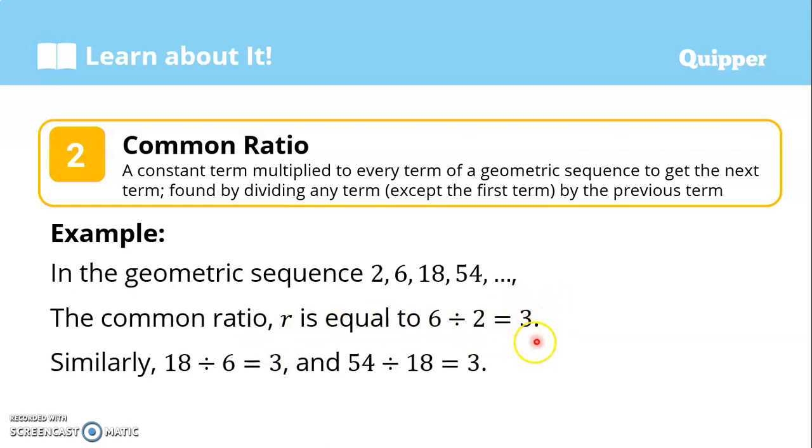So the common ratio is 3. Similarly, you can also use the third term and divide it by the previous term, which is 6. So we have 18 divided by 6, and so you still have 3. 54 divided by 18, and that is also 3. Common nga, diba? So if a sequence does not have a common ratio, then that sequence is not a geometric sequence.